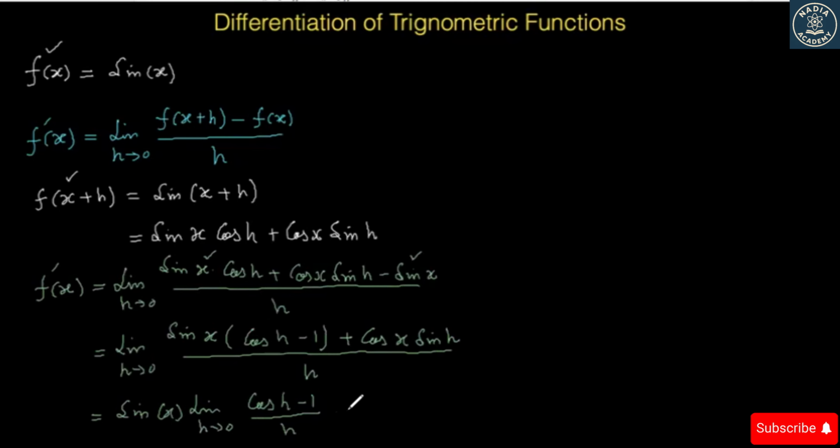The second term will be plus cos x and limit of sin h divided by h. Now here in the first term, we have the cos h, and in the second term, we have a sin h, and h approaches to 0.